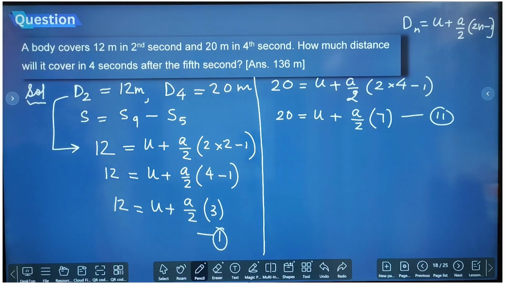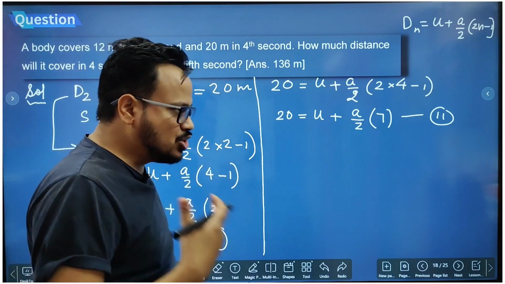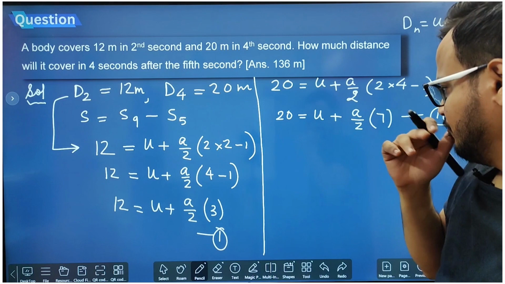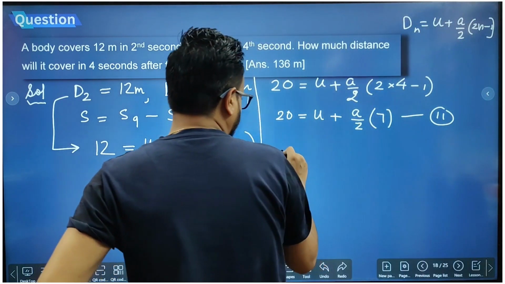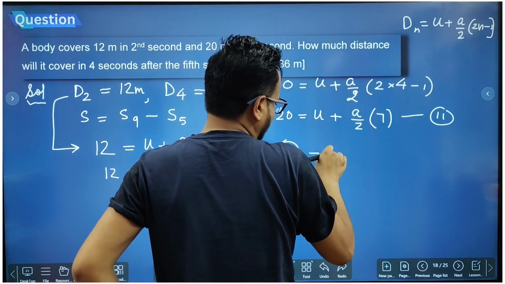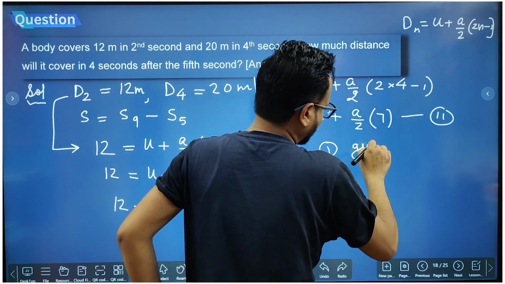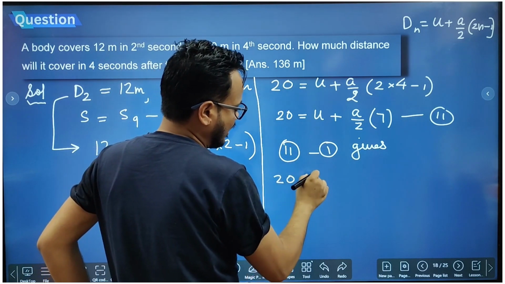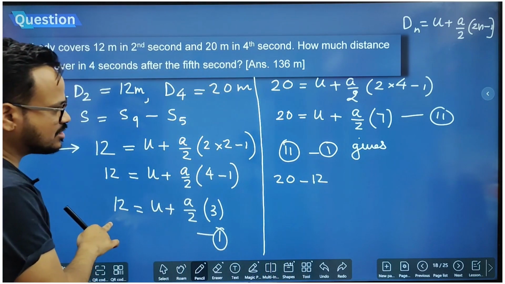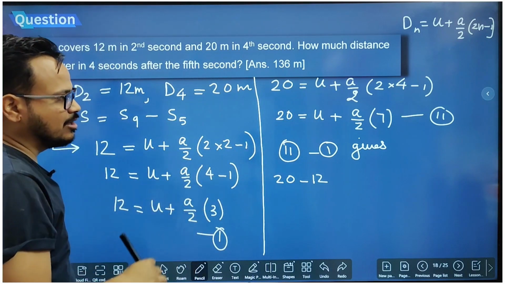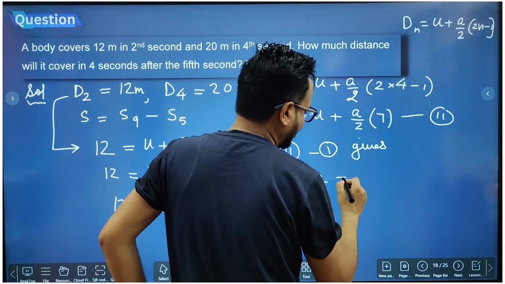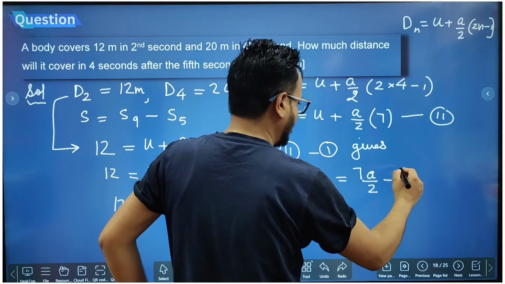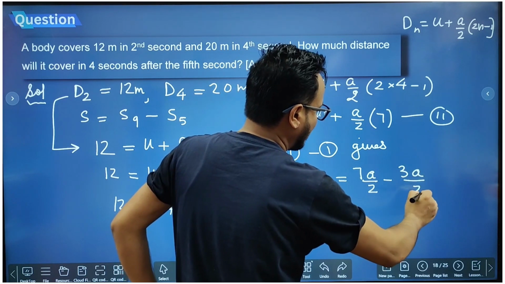We can use these two equations to find the values of a and u by using the elimination method or substitution method. Okay, we will use the elimination method. If we subtract these two equations, 2 minus 1 gives 20 minus 12. u minus u cancels, 0. 8 equal to 7a by 2 minus 3a by 2.